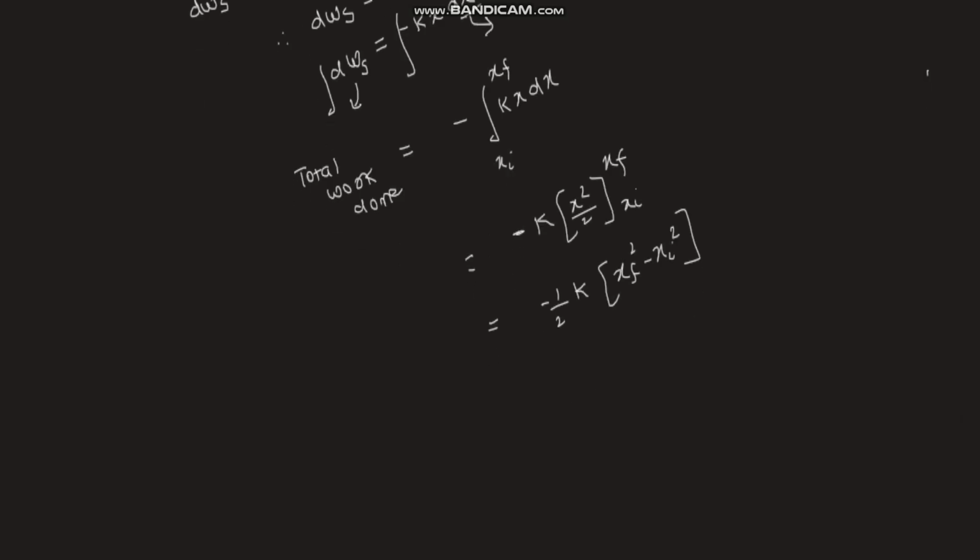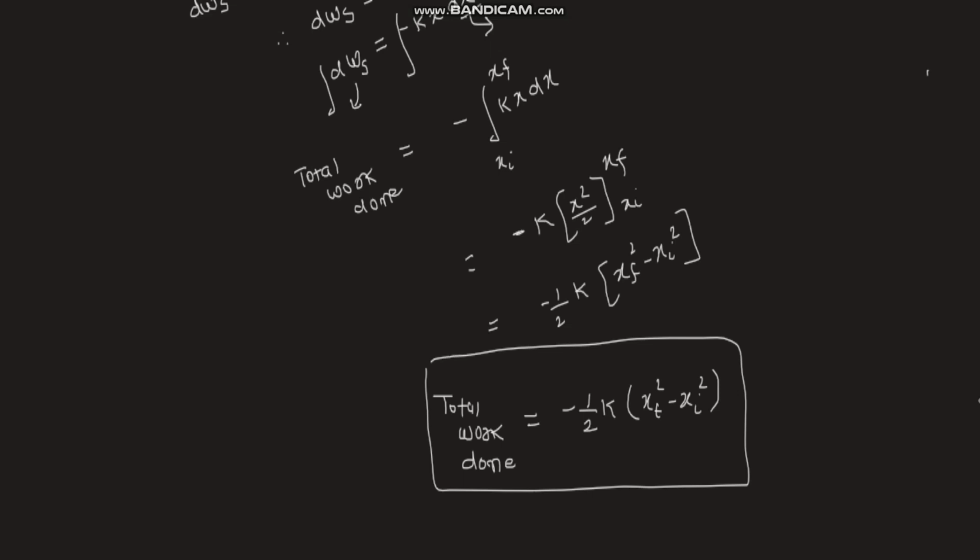So this is nothing but the total work done by spring force, where x initial is the initial position of the spring or the block, whereas x final is the final position or final compression of the spring. This is the total work done equation that we get.